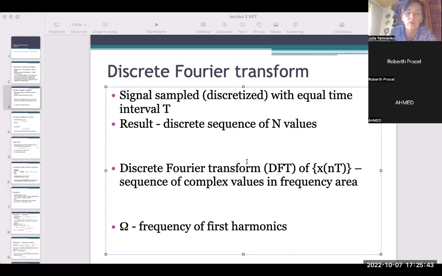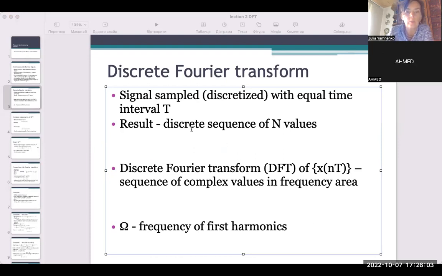Here there are formulas, so everything is okay. We can continue. If the font size is okay for you, Robert, Ahmed? The size of letters? Yes, okay.